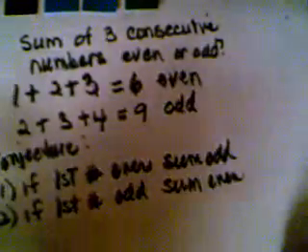We can also answer more simple questions like, if you add an even to an even, do you get even or odd? So if I add 2 plus 4, can I make a rectangle out of that?